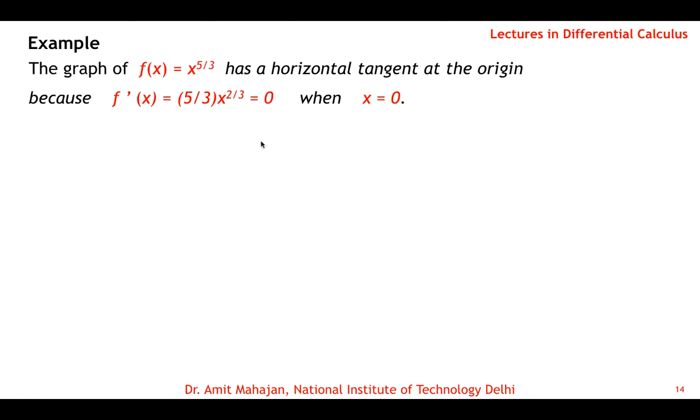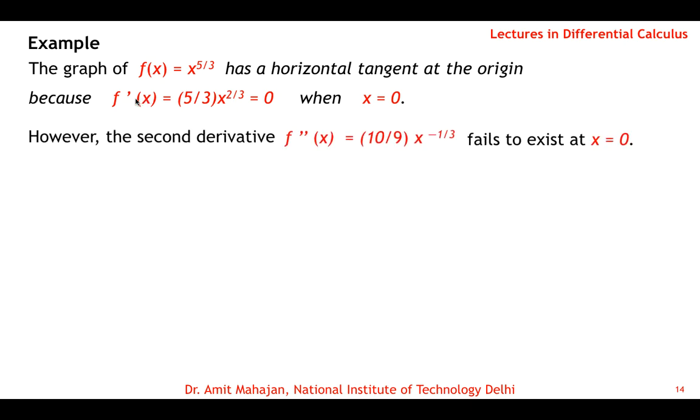If you calculate the second derivative of this function, it is 10/9 x raised to the power minus 1/3. So at x equal to 0 the second derivative fails to exist. At x equal to 0 we can have an inflection point if the concavity changes as the point on the domain moves from left to right passing through the origin.